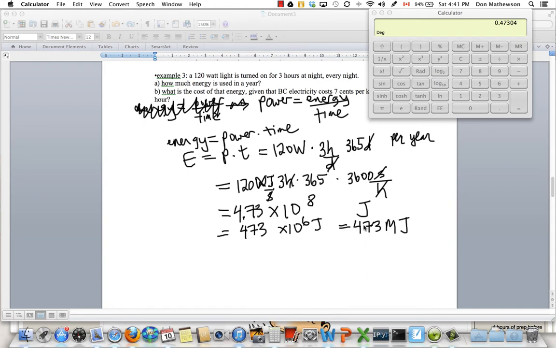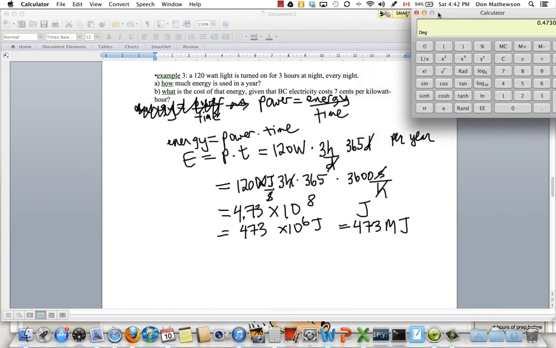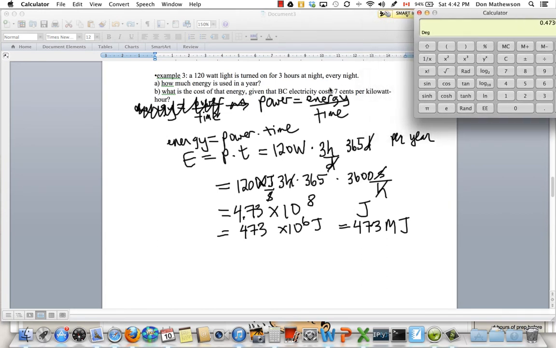That's in joule units. Now, in terms of working out the cost, it's convenient to use other units because electricity in BC is priced in cents per kilowatt hour. So let's go back to our calculation right here, this line right here. And for our cost, it's going to be equal to the amount of energy times the unit cost. Okay, so how much energy do we use?